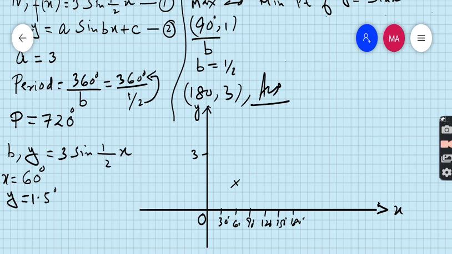At 90 degree, you will get y is equals to, please use a calculator, 2.1. So at 90 degree, 2.1. This is the second point.